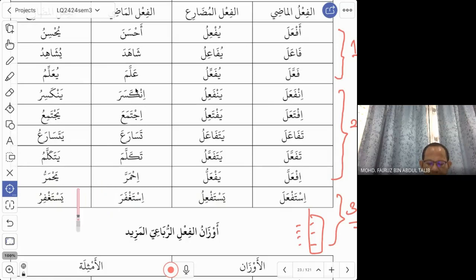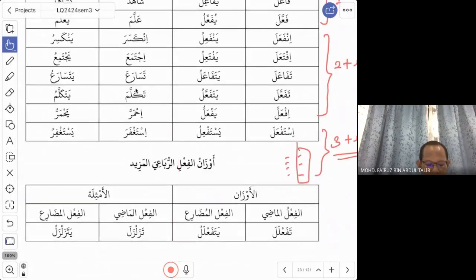Now, the last wazan, this is the 3 letter additional huruf, alif, sin, ta. Istaf'ala, and the mudari is yastaf'ilu. The example is istaghfara. You see the alif, sin, and ta. These are the additional huruf, where the original letters are ghain, fa, and ra.